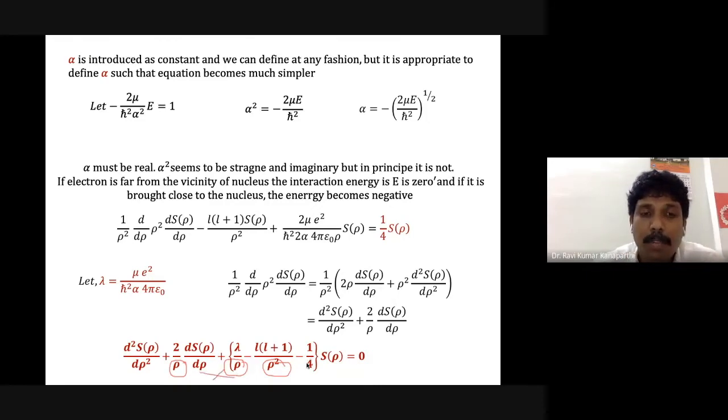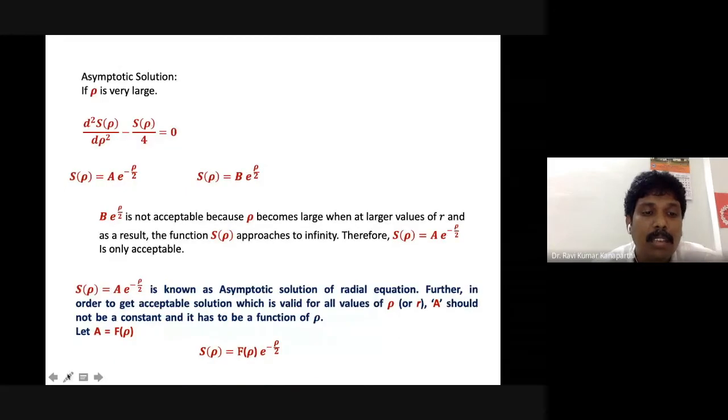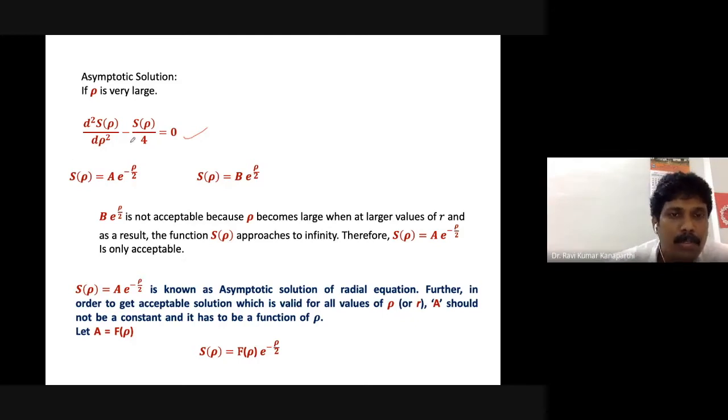So what is left over is basically d square s of rho upon d rho square minus 1 by 4 s of rho. This is the differential equation. It is a very simple, homogeneous second order differential equation. We can immediately guess two solutions, like a multiplied by e to the power minus rho by 2.